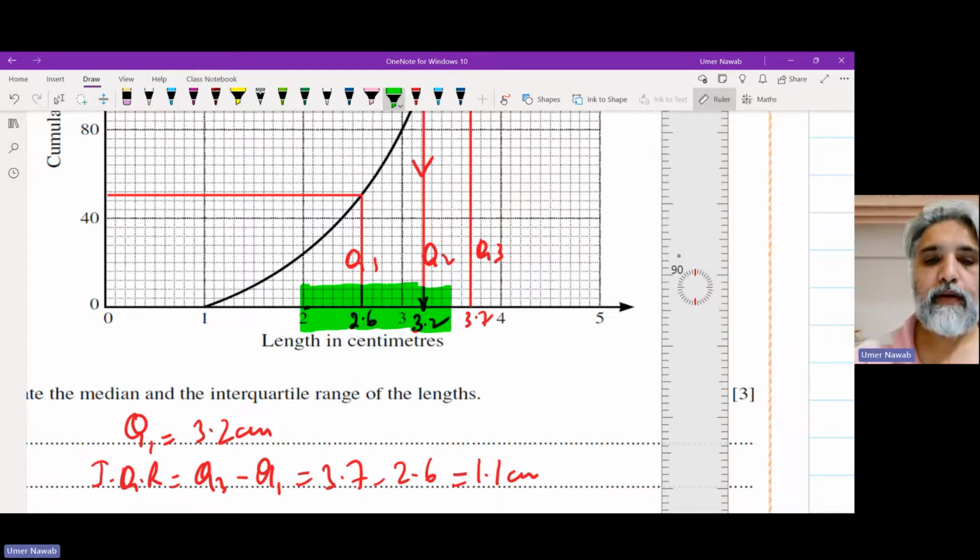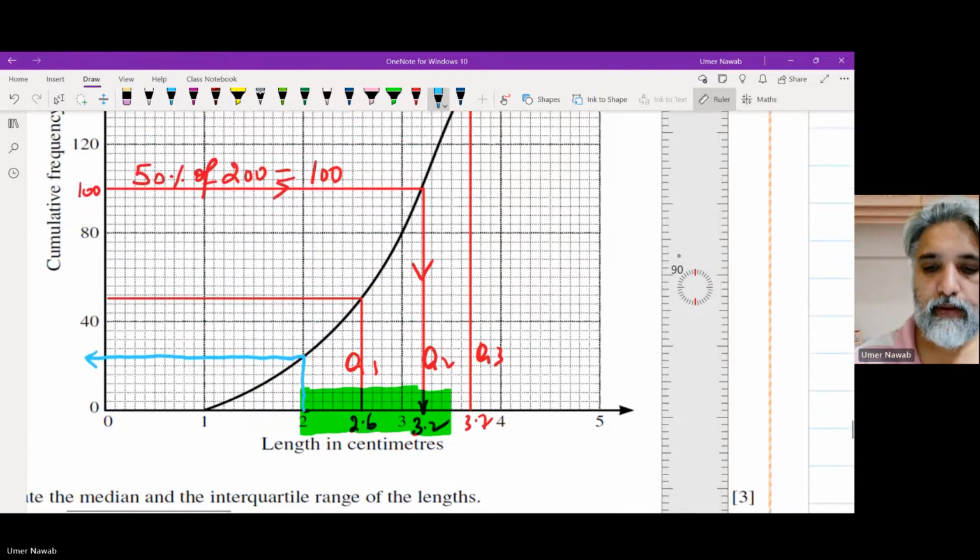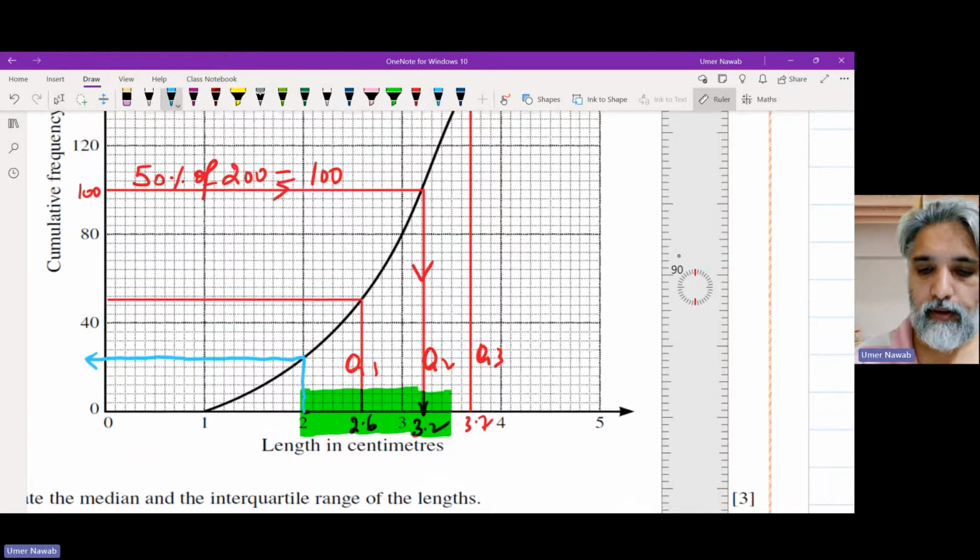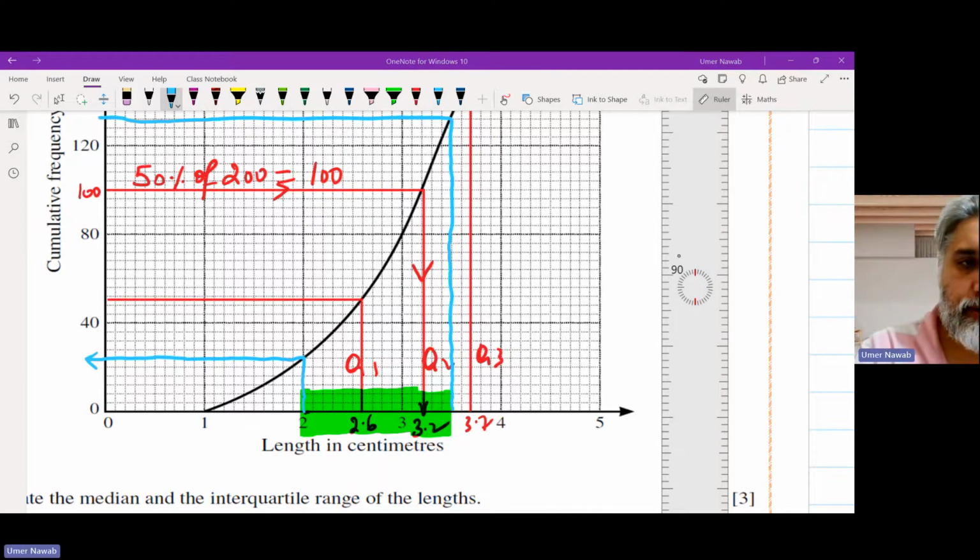So this is 3.5. Can I go up? I need to know what this is, and I also need to know how much this is, right?